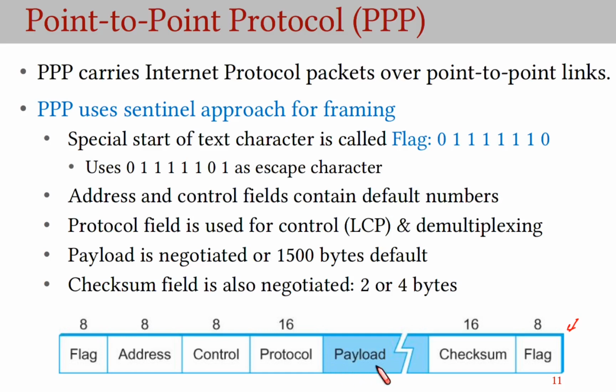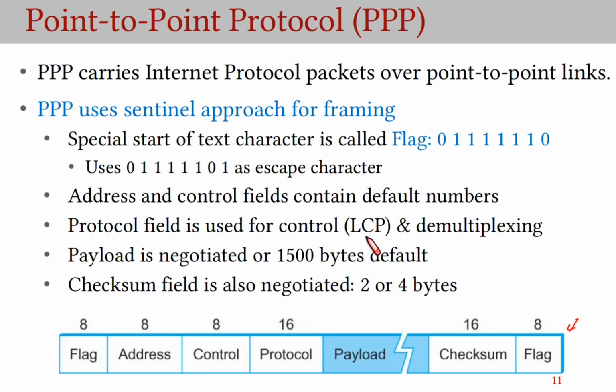And the payload in PPP is by default 1500 bytes, but this can be negotiated. Again, this protocol LCP is used to negotiate that. And the checksum is by default 2 bytes or 16 bits, but it can be negotiated to 4 bytes.